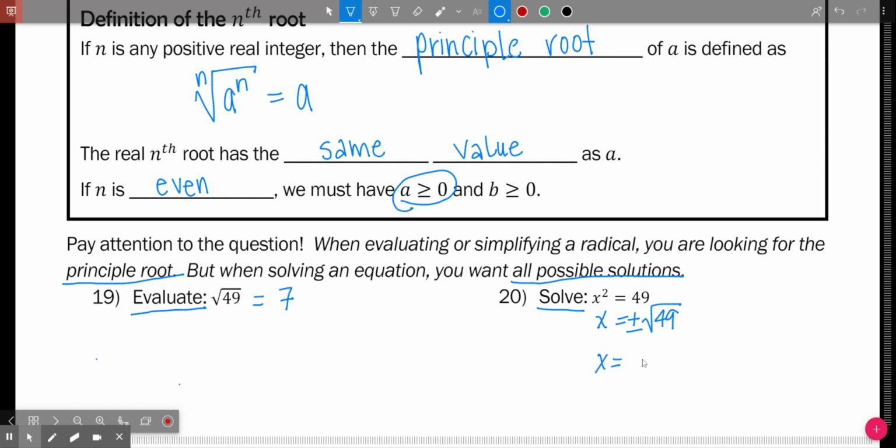The reason this happens is because negative 7 times negative 7 is 49, and positive 7 times positive 7 is also 49. So when you evaluate, you look for the principal root. When you solve, you look for all possible solutions.